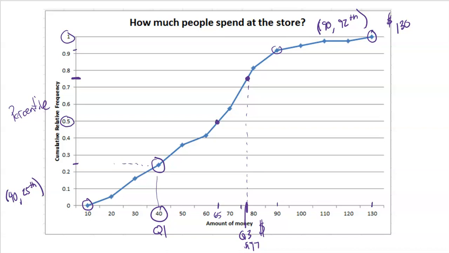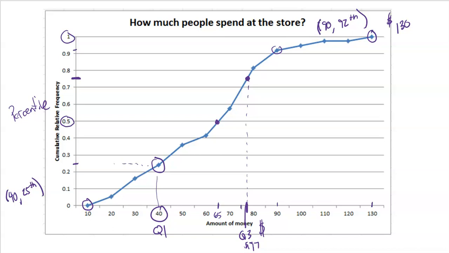Now, anytime you're talking about a percentile, the definition of a percentile is the percentage at or below, but you guys are pretty good at math in your head. If you know a percentile, you automatically also know the percent above. For example, the third quartile is the 75th percentile, meaning 75% of people spent under $77, but common sense tells me that 25% spent more.